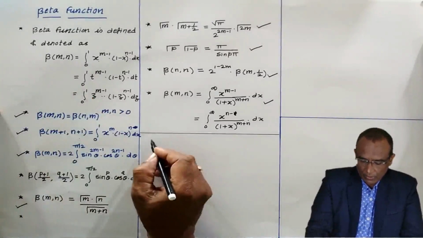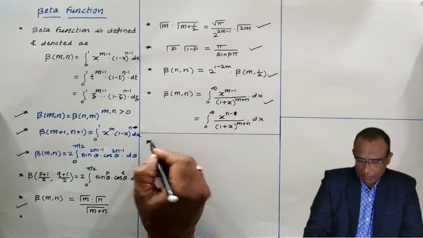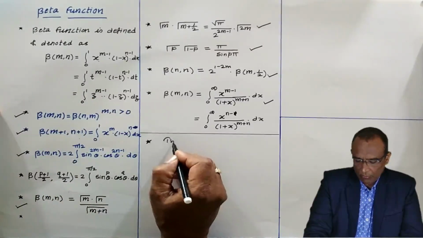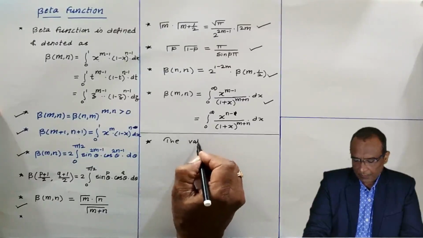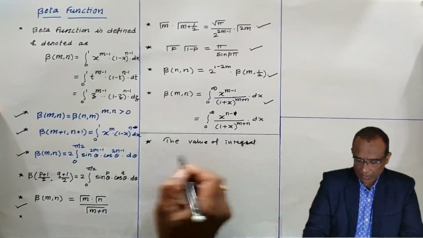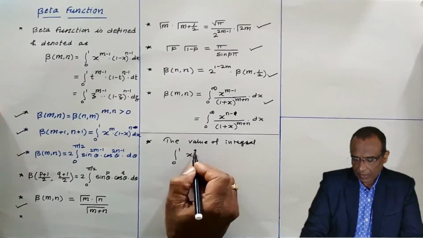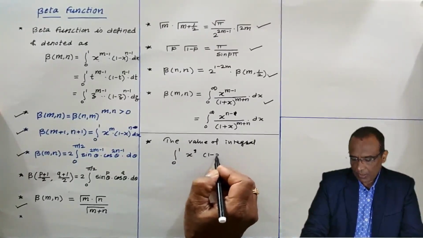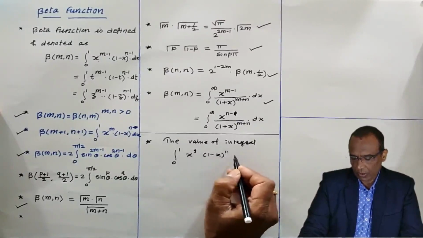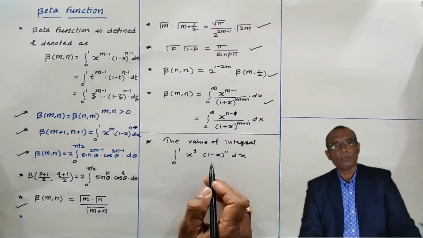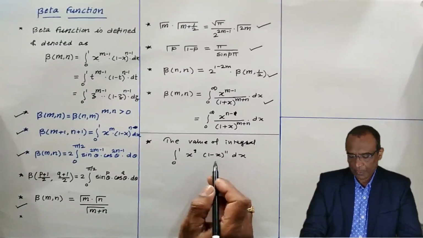See, the value of this integral was a simple problem. I want the value of this integral, 0 to 1 x^9 (1-x)^11. This integral we want to evaluate.